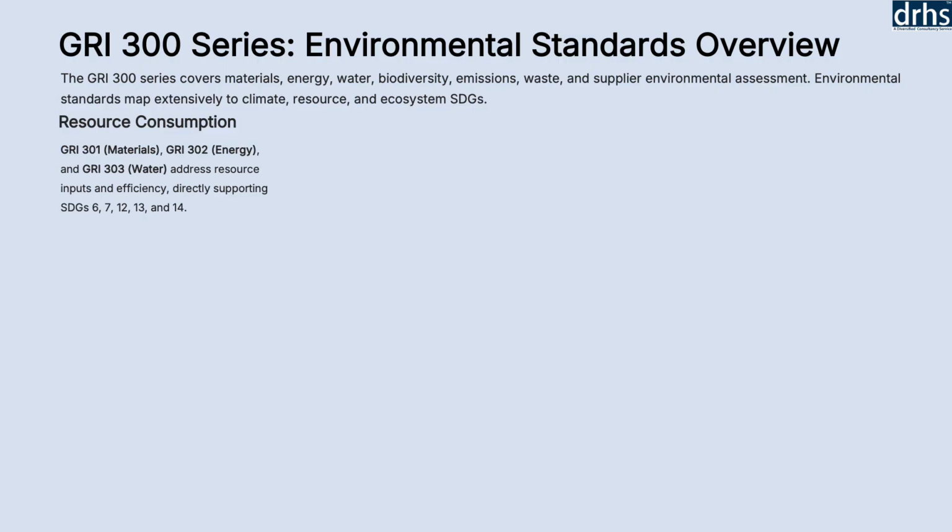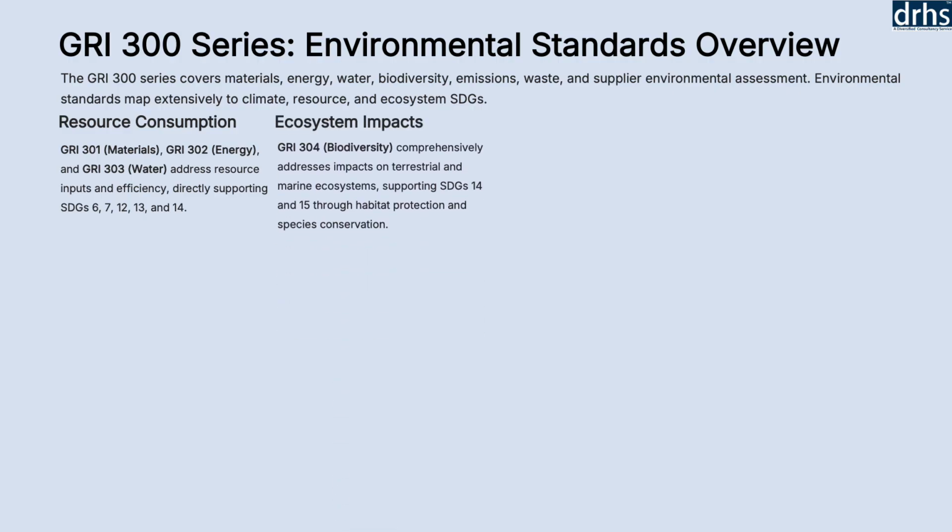GRI 303 Water and Effluents focuses on water withdrawal, consumption, discharge, and impacts in water-stressed areas, directly supporting SDG 6. Together, these standards encourage efficiency, conservation, and transition toward low-impact, circular resource use.